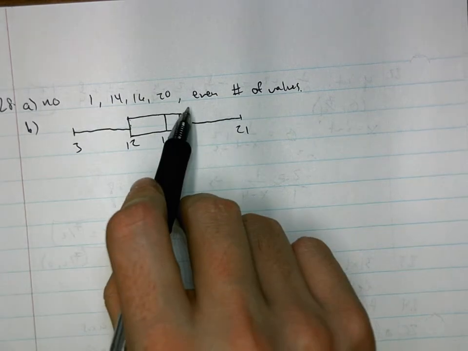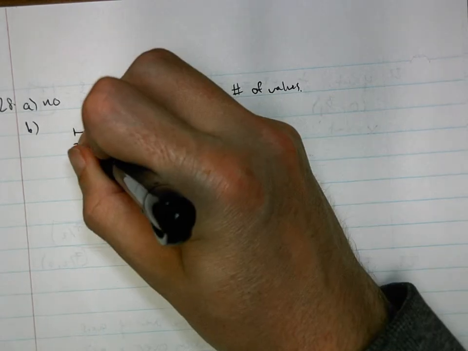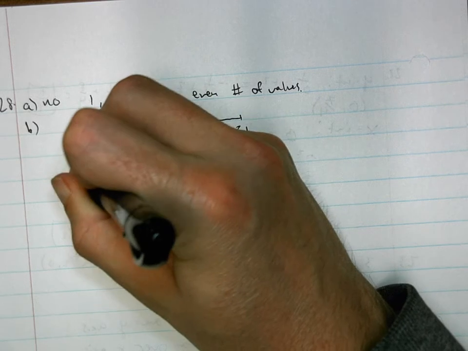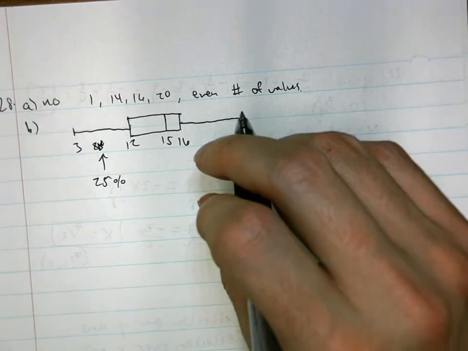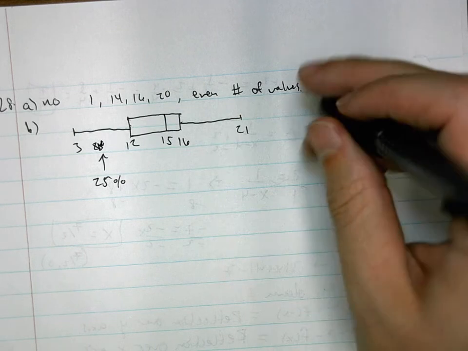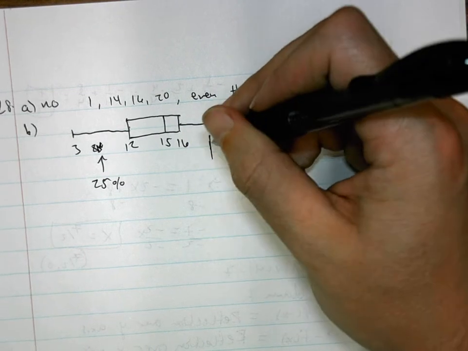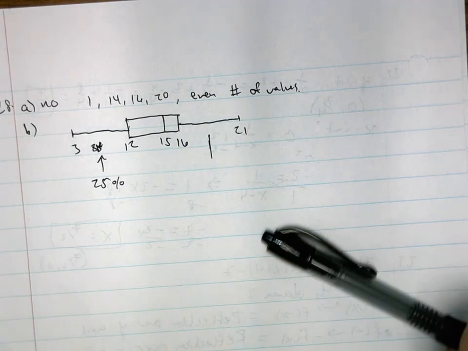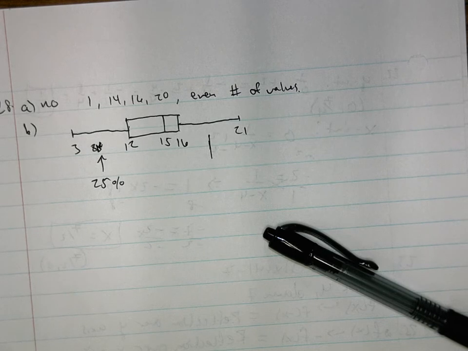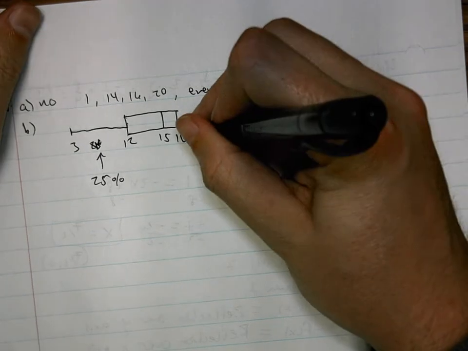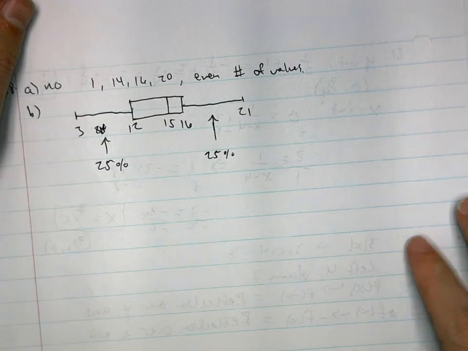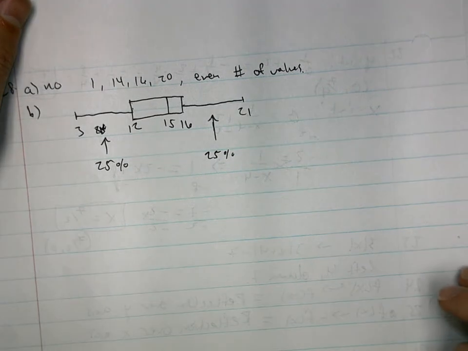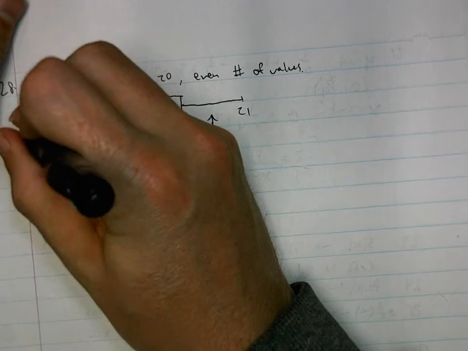So there's 25% right here, so your answer to B is 25%. And there's 25% right here, so your answer for B and C is 25%.